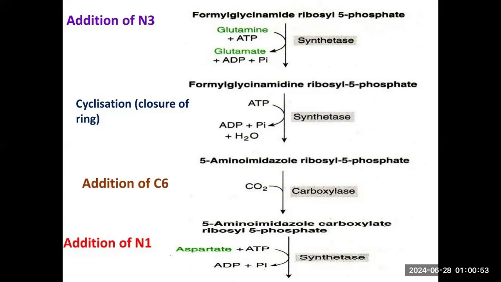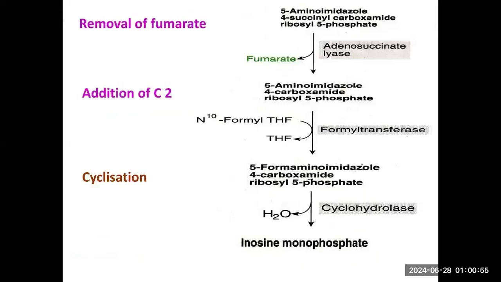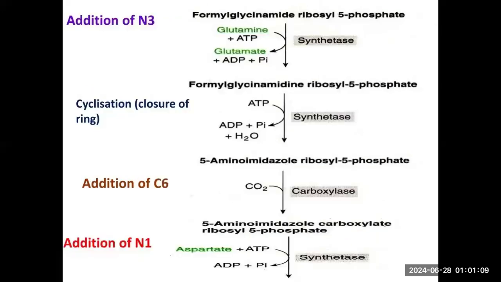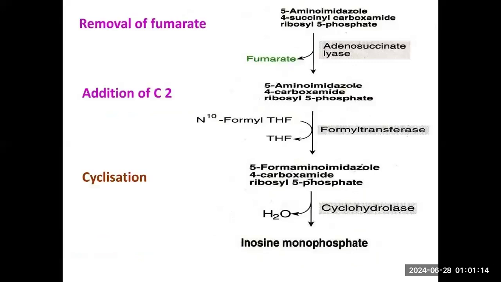By the action of an enzyme synthetase, we get the formation of 5-amino imidazole 4-succinyl carboxamide ribosyl 5-phosphate. In this case, the whole aspartate was added, and then after that, the fumarate is released from this.